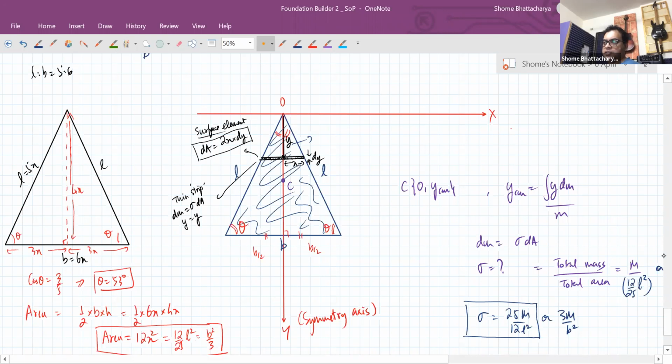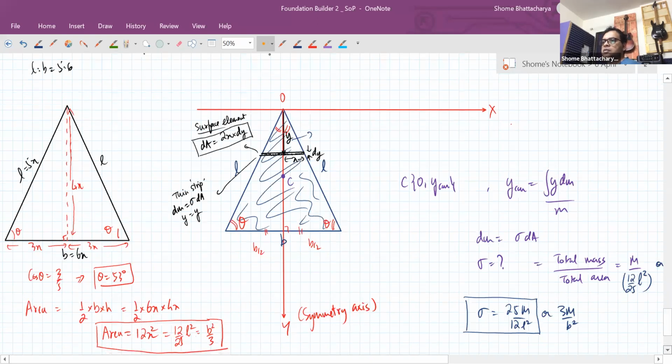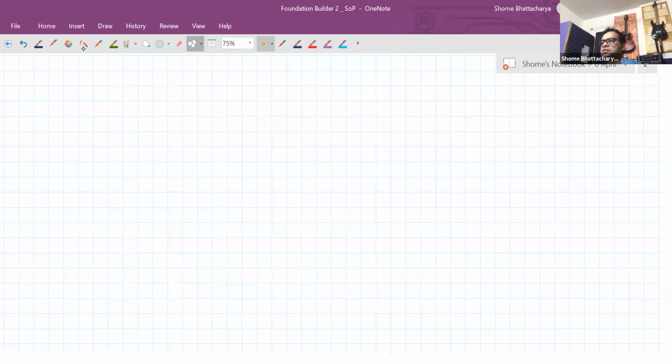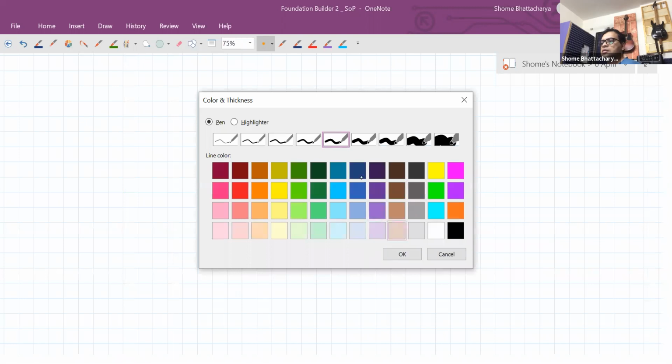Sir, can you tell how you calculated dA, the differential area? How we calculated dA? Let's come to that. So look, we have this isosceles triangle.